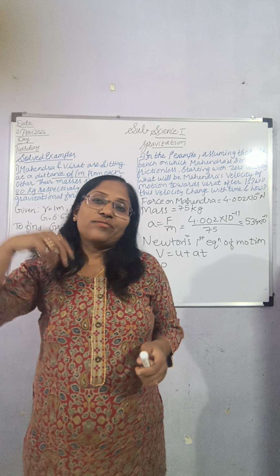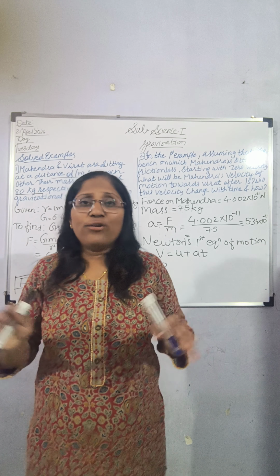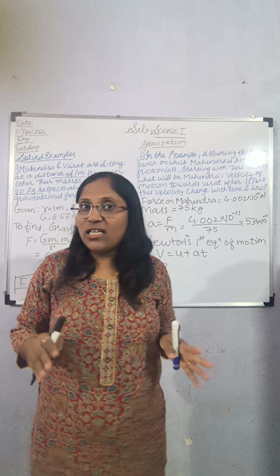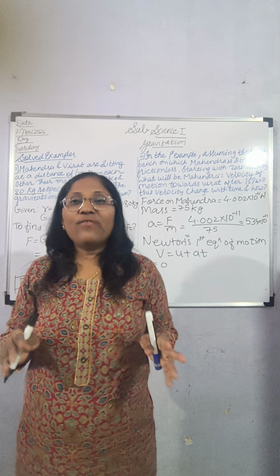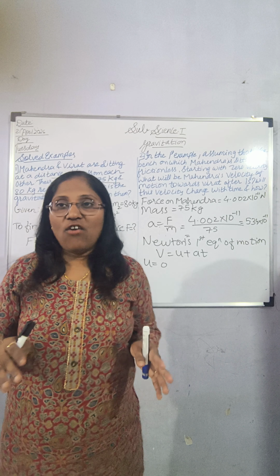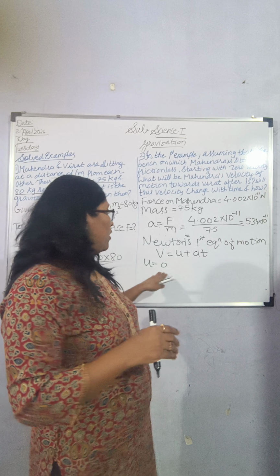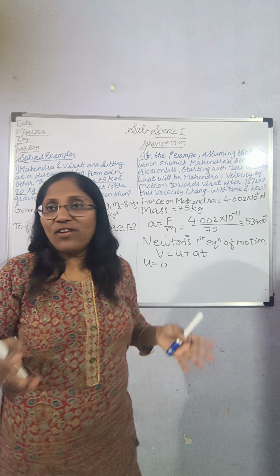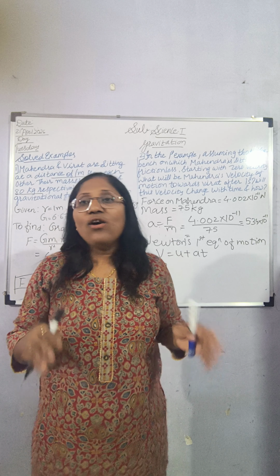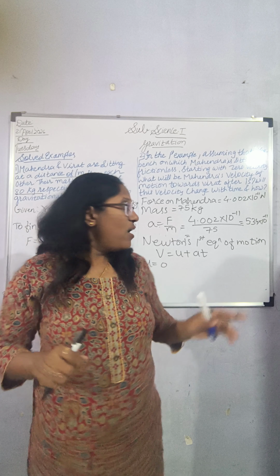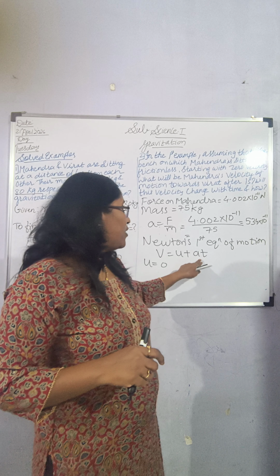Now what are we going to calculate? We are going to calculate the final velocity of Mahendra. Here u is 0, and we are going to calculate the v. Again, what is the acceleration?